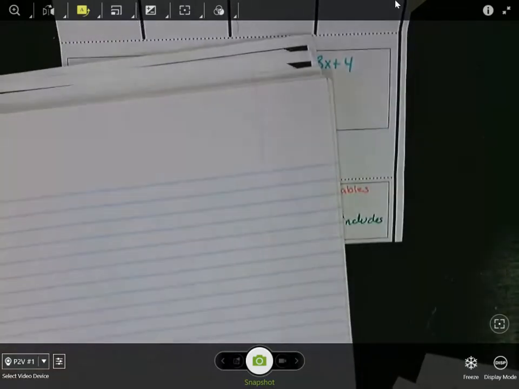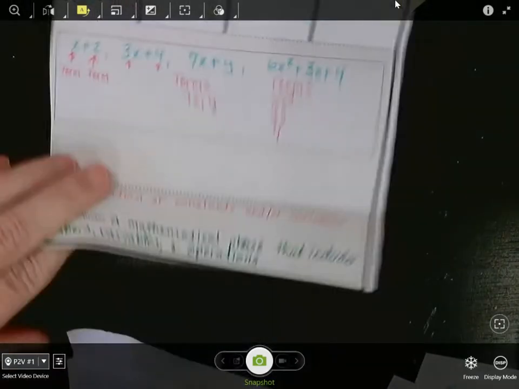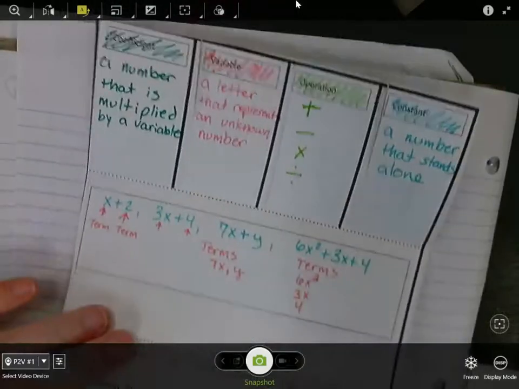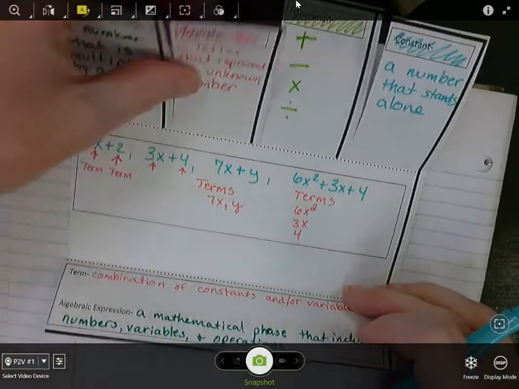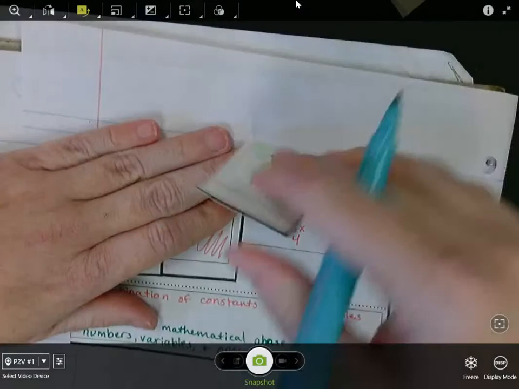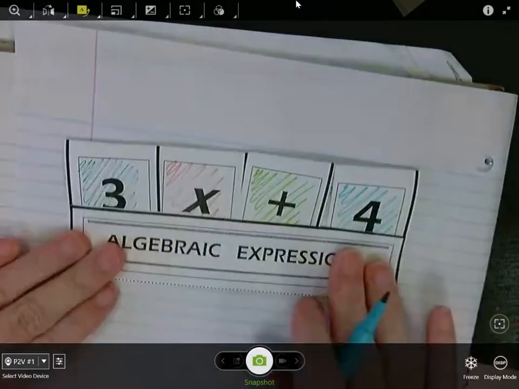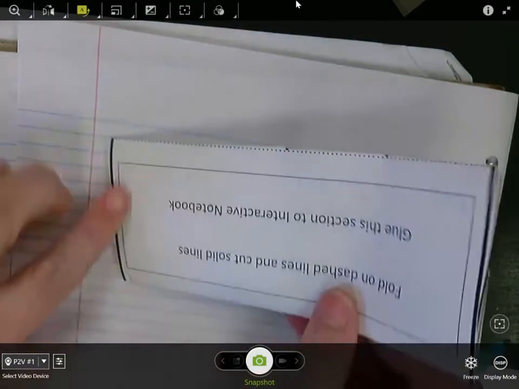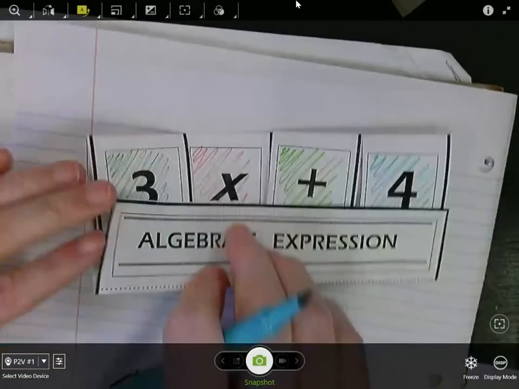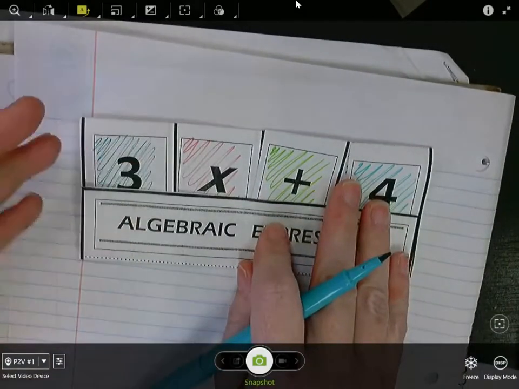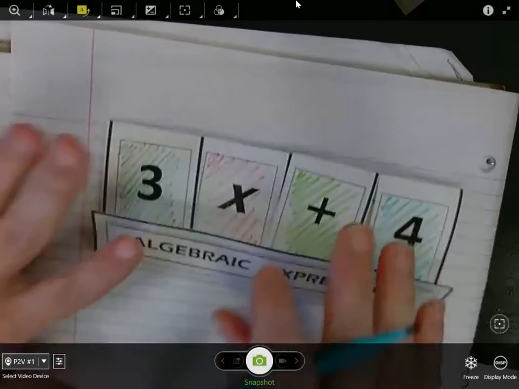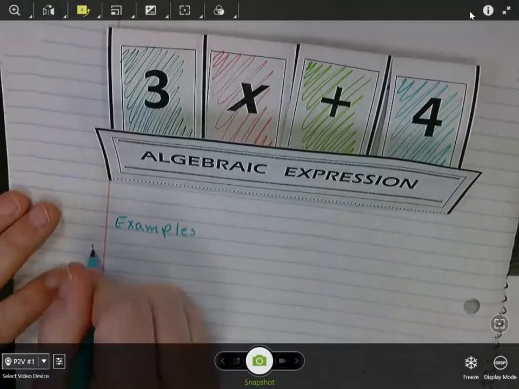And then on the back page, I need you to glue this to the top of your paper. Okay, so these should be folded down, and that goes over like that. You need to glue this back part to the top of your notebook paper, or if you've written there, you can move it down.